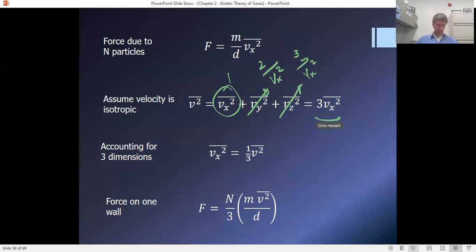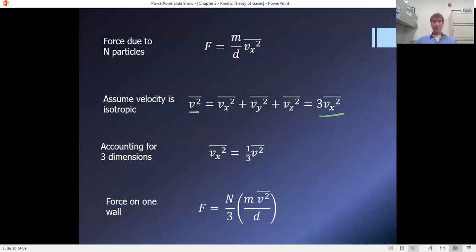So what this is essentially saying is the velocity squared on average is 3 times the squared velocity in the x direction on average. It's just taking into account that the particles are also moving in the y direction and the z direction.